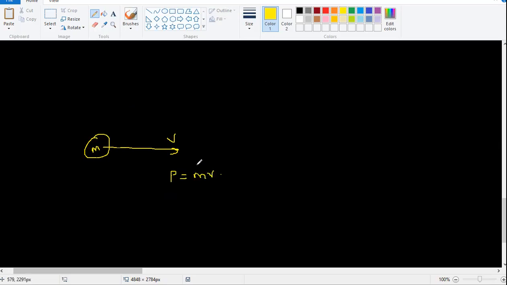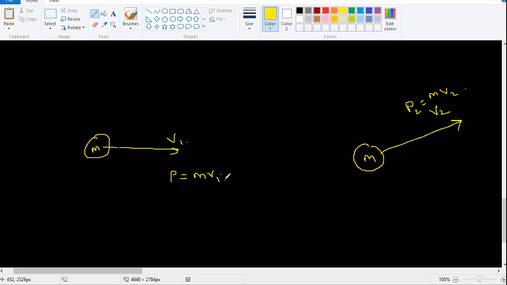But let's say there was some force acting on it, and after the force hits this ball, it goes with a different velocity, v2.